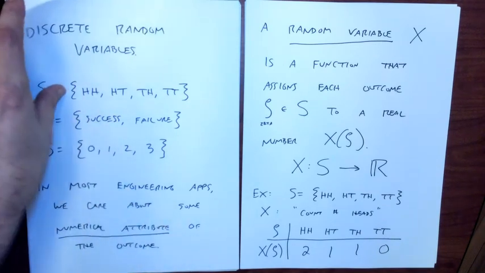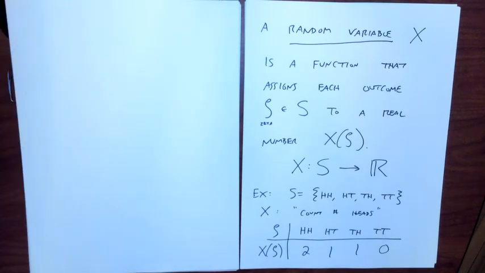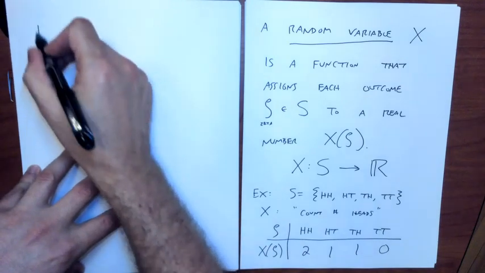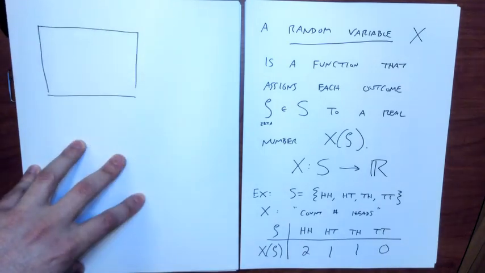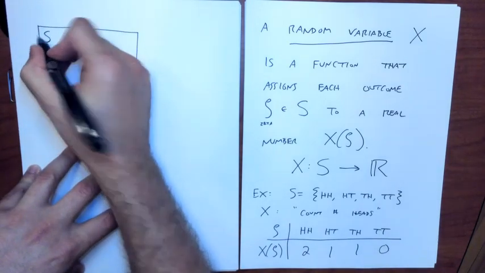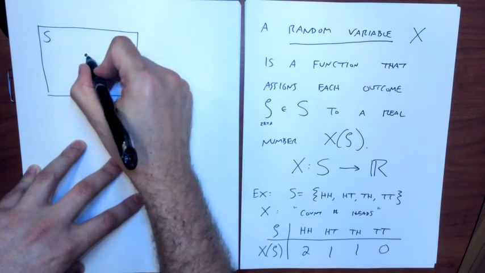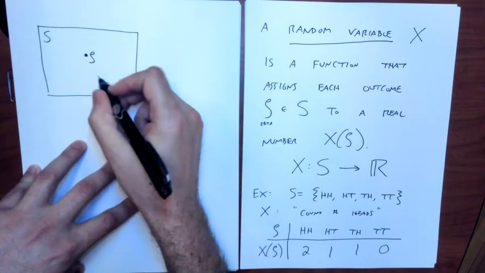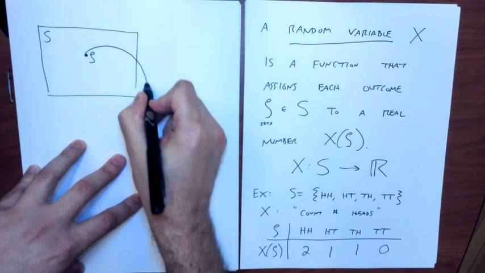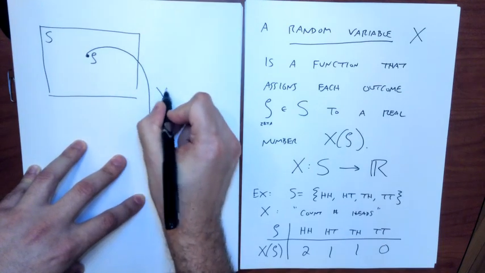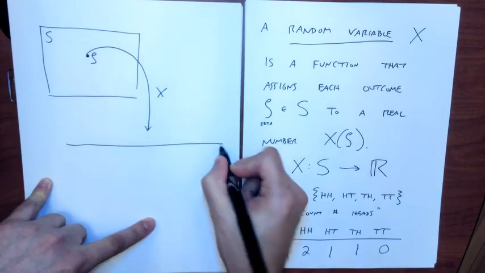Right? So if I think about it, it's like a graph, or a mapping. We've been drawing these cartoony sample spaces where this is my sample space S. I take some outcome here, and then every outcome gets mapped via some function down to the real line, right?